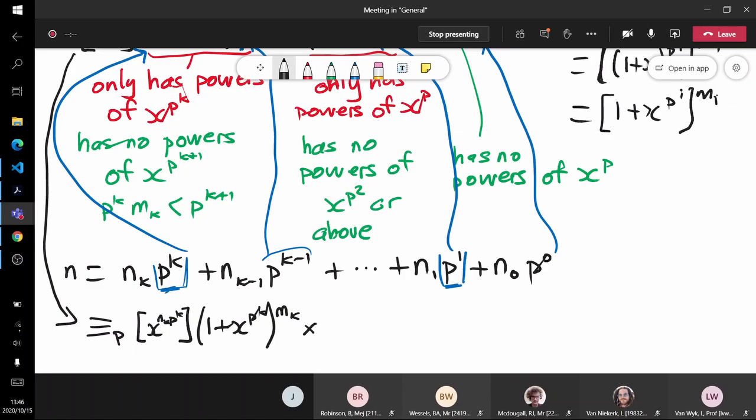So that multiplied by the next term, which only comes from the next factor, so that's x to the n_(k-1) p to the k minus 1, the coefficient of that in (1 plus x to the p to the k minus 1) to the power of m_(k-1).